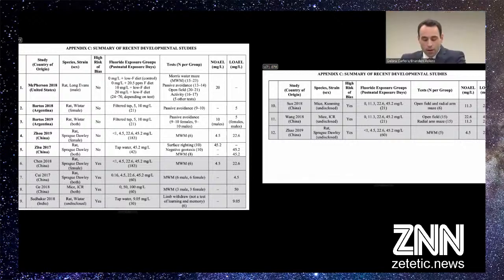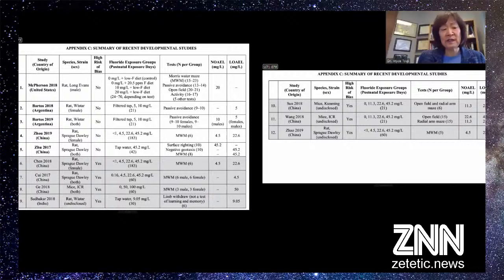Okay, Dr. Tsuji, I want to now talk about Dr. Thiessen's points of departure and her reference dose calculations. And we can keep Appendix C up because I think this may be helpful. What studies did Dr. Thiessen use to identify points of departure for reference doses?